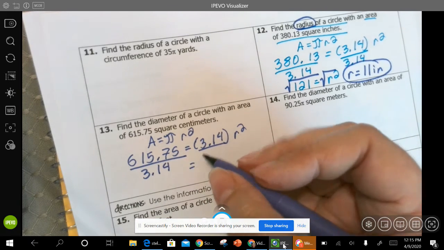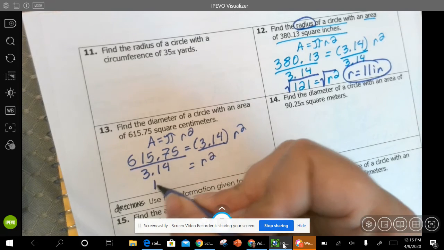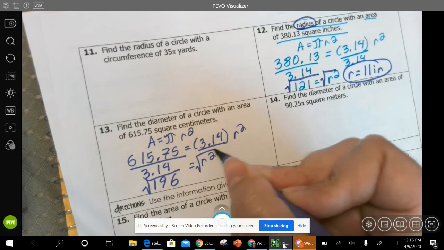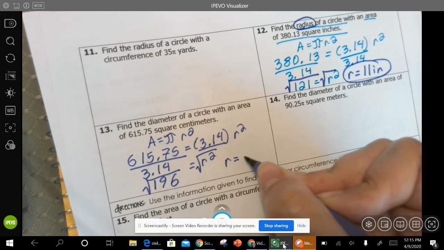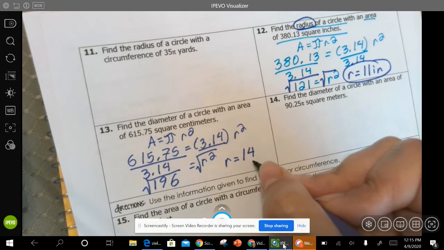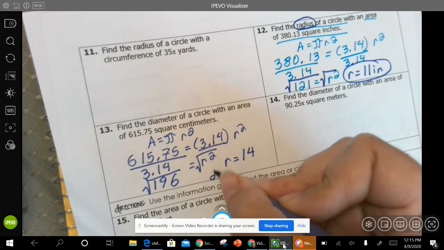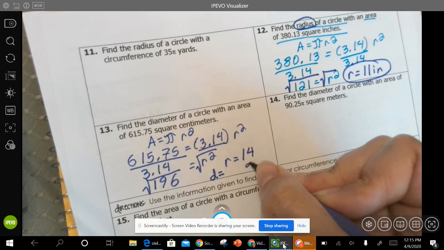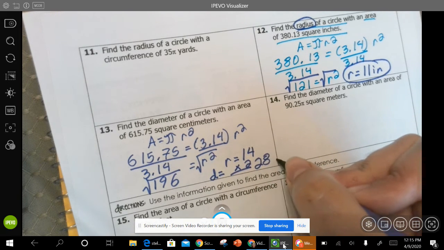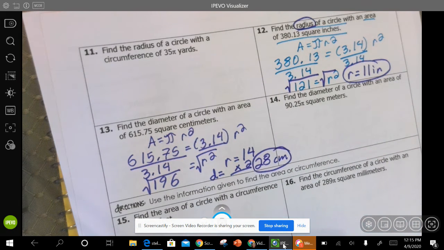Remember, I would use Decimal Scientific with this. We get approximately 196. Take the square root of 196, and we get 14, but that's not the diameter. Diameter, we have to multiply that by 2. So 14 times 2 is 28. Remember, we have to multiply it by 2.